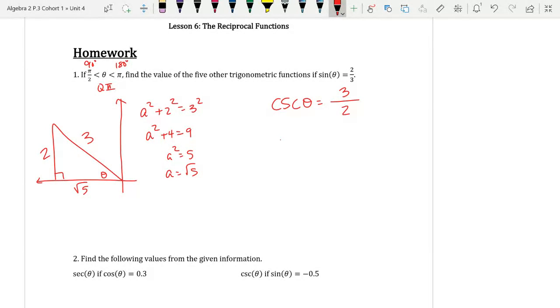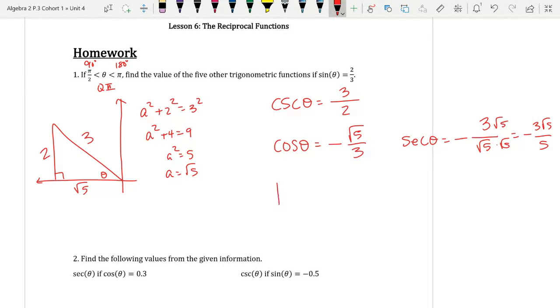If we find cosine, cosine is negative in quadrant 2, and it would be the adjacent side over the hypotenuse side, meaning we should be able to find secant, which is also negative, because whatever the reciprocal is, it's negative as well. And that would be the reciprocal of that, which would be 3 over square root of 5, and let's just clean that up for a second. So we get negative 3 square roots of 5 over 5. There's your secant value.